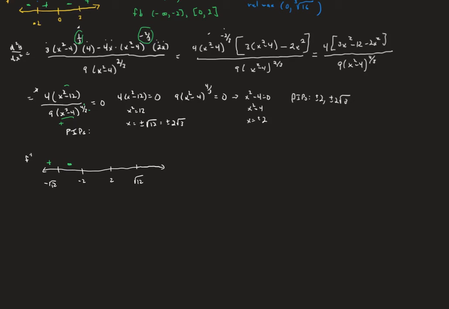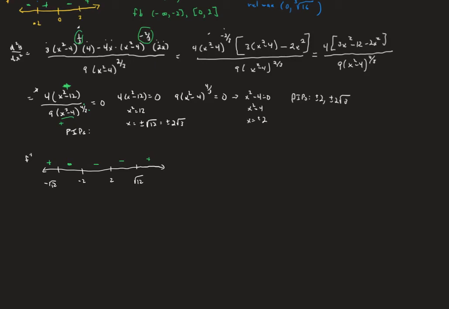Plugging in something like 0 in the middle, this is going to remain negative in the numerator and always be positive in the denominator. And plugging in something like positive 3 in between 2 and square root of 12, now 3 squared is 9, minus 12 still is negative over positive. Finally, when we get bigger than square root of 12, this numerator is going to become positive, the denominator is always positive, and we're going to get to here.